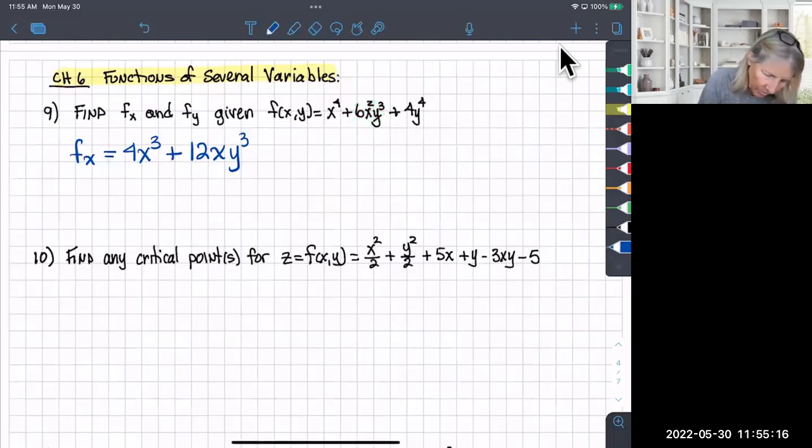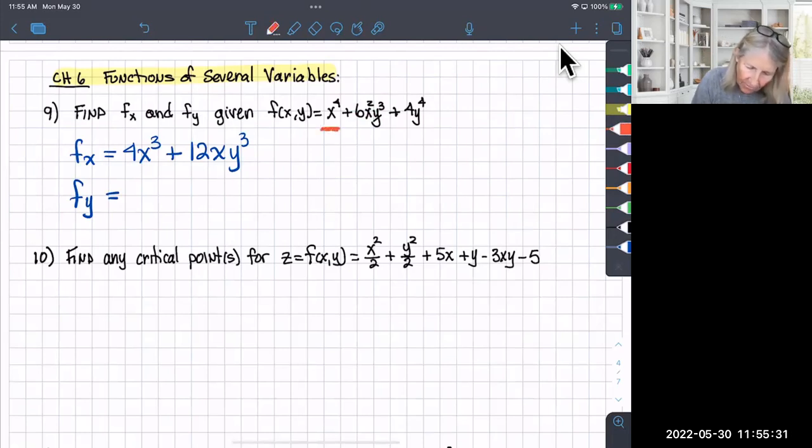Now let's do the derivative with respect to y. So now you focus on y as your variable. So any term with a y is going to have a derivative, and you treat x like a constant. So when I'm doing the derivative with respect to y, this x to the fourth goes away. And then the derivative of the next term, let's see, 3 times 6 would be 18. Keep the x squared there, and then y drops to the second power.